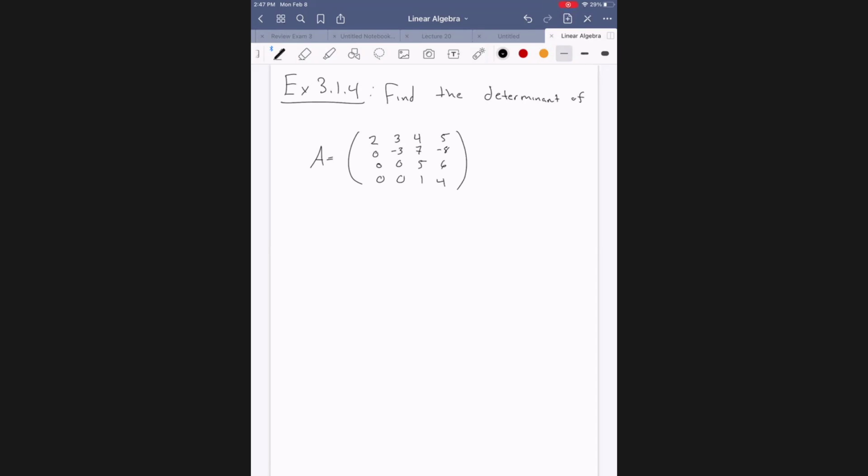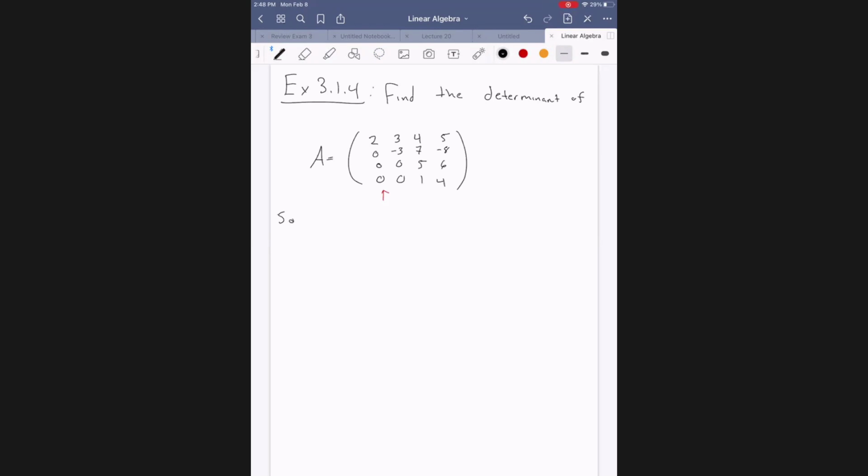All right, so which one would I pick to expand? The first column, right? Yeah. So I'm going to expand around this column.